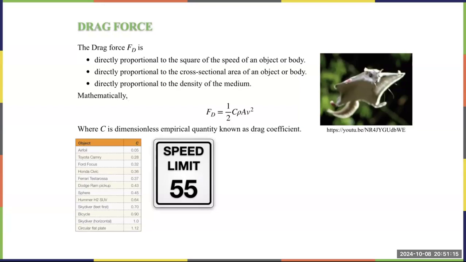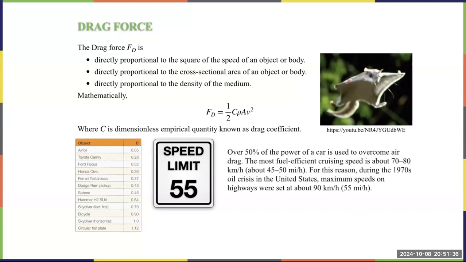But this speed limit of 55 is common in most of the states on a freeway. Some have 60, 65 and so on. And there's a reason for that, and the reason is drag force. How is drag force playing a role?